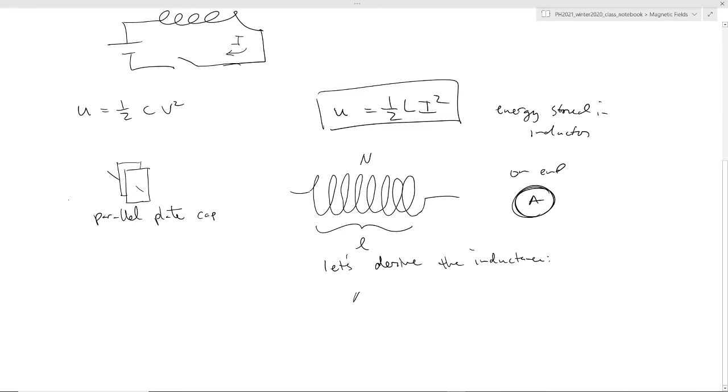So going back to where we started this conversation, the amount of flux is going to be proportional to the current via the inductance. So in other words, the inductance is going to equal N times the flux over the current. Well, if we're talking about a solenoid, the magnetic flux is going to be equal to the area of the solenoid times the magnetic field in the solenoid.